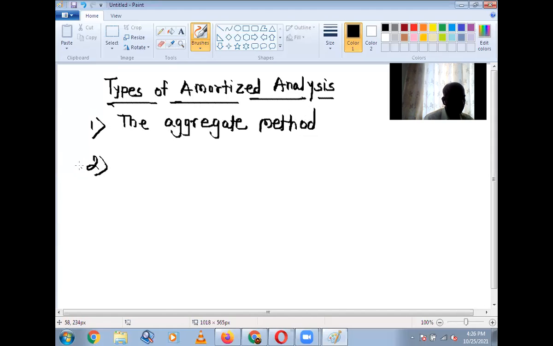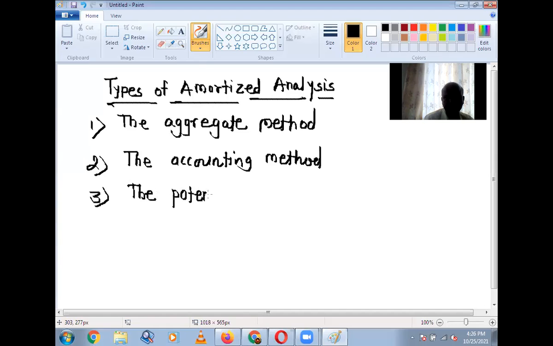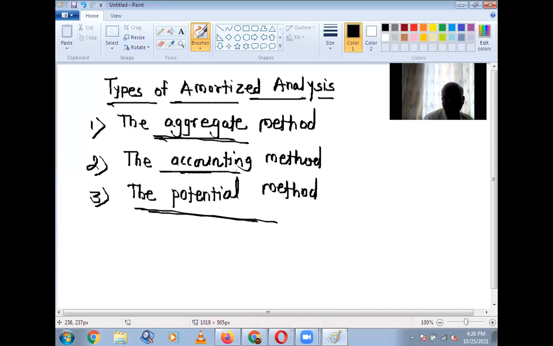Second is the accounting method. And third is the potential method. These are the three different methods.